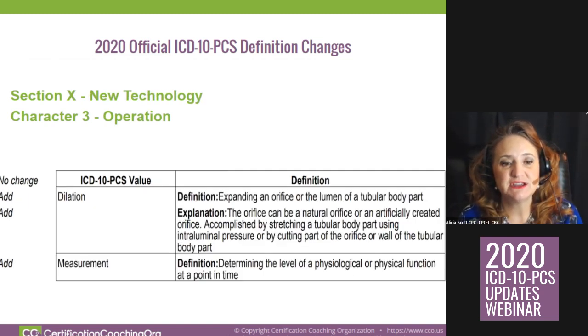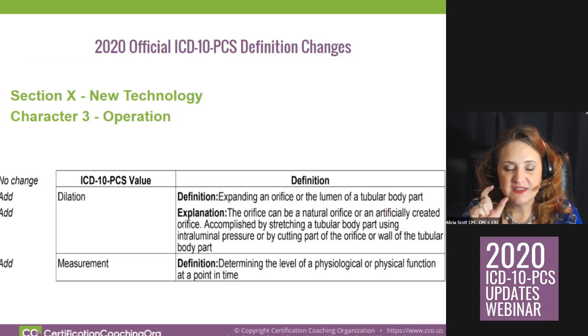New technology, 3, operation. What they did was they took dilation as our root operation, and the definition, expanding an orifice or lumen of a tubular body part. They added more information about the explanation.